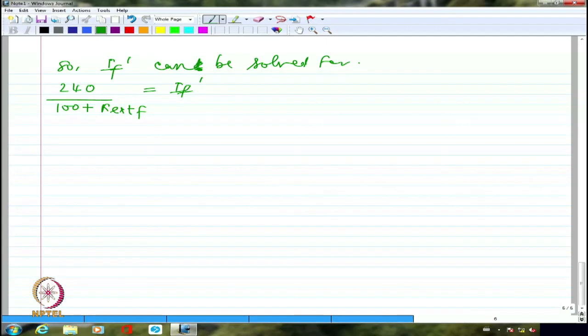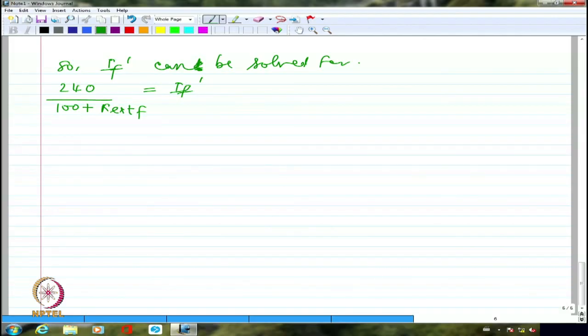If you look at the next subdivision, with field resistance as in A, now the field resistance is 100 plus R external F, right? Always these are ratio and proportion kind of problems, most of them. So if the field resistance is increased as in A, find the speed when supply current is 100 ampere. You have the field current now, IF dash.